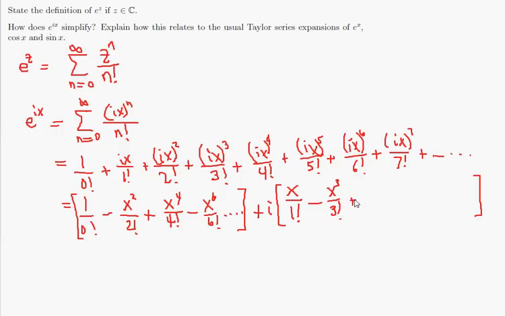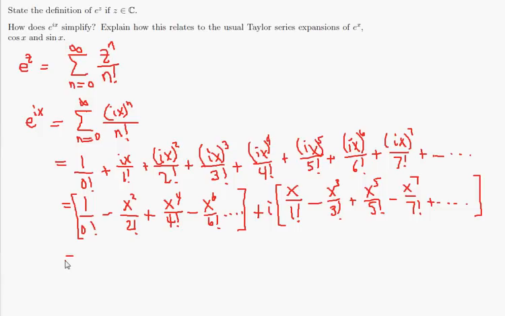Next we have i to the fifth power, which is plus i, so plus i times x to the fifth over 5 factorial. Next we have i to the seventh, which is negative i, and we have x to the seventh over 7 factorial. And so on, alternating plus and minus.